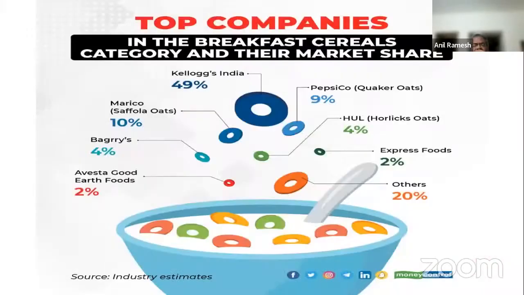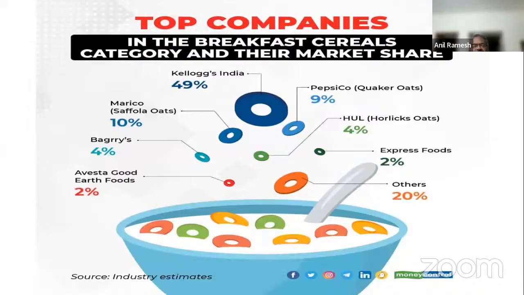So just to give you one rough estimate to wind up this first case study. In fact, I had two case studies, but the time is already 12:15. So Kellogg's India, please remember this is only among the branded or organized cereal market. Kellogg's has got 49%. And one category that is starting to dominate is oats.